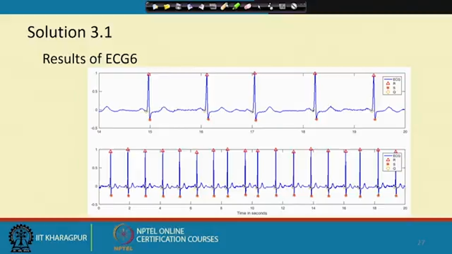We see that it is working fine, and we get all the QRS complexes.